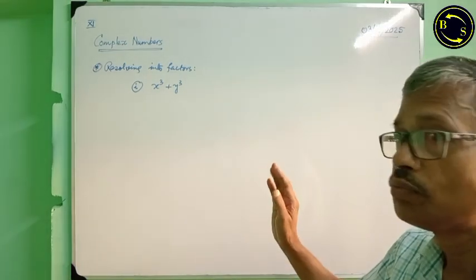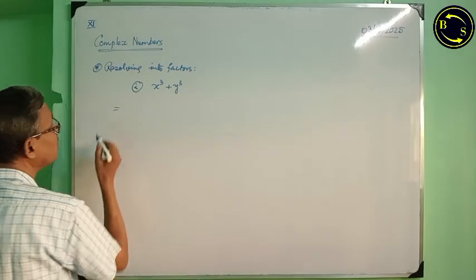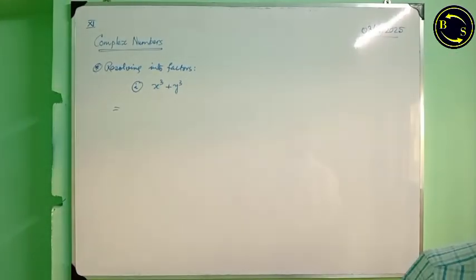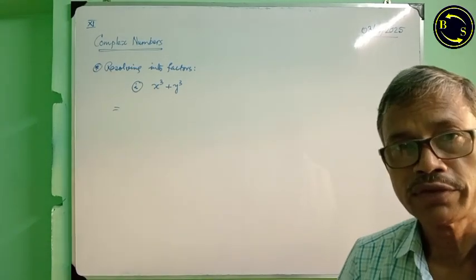First one is x cube plus y cube. Then as we have got the knowledge that it is of the form a cube plus b cube, therefore we shall use the factor form.